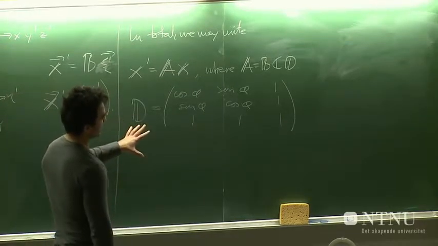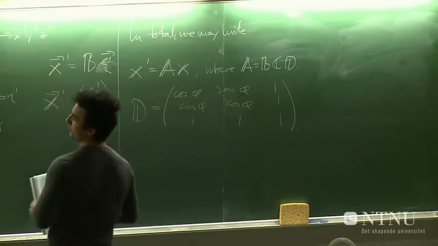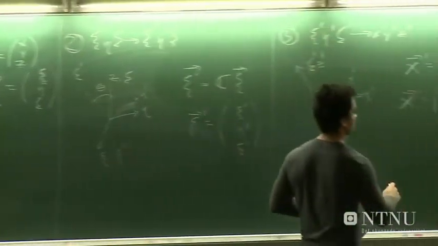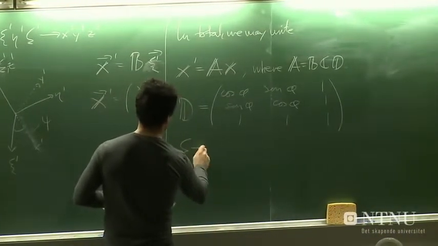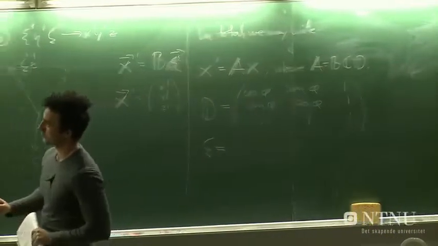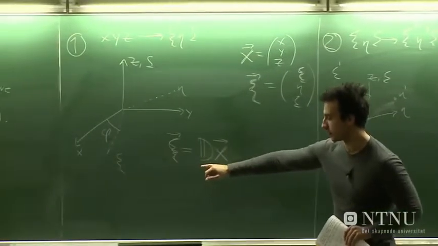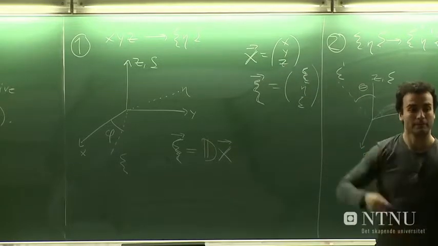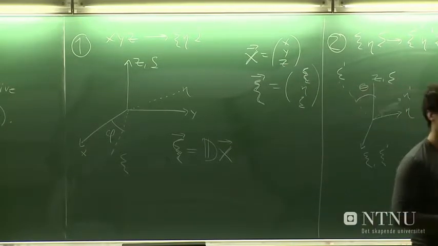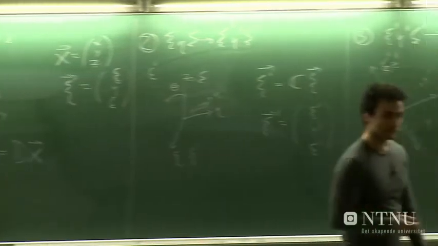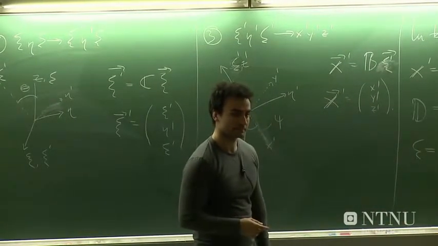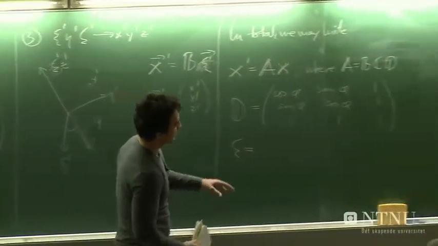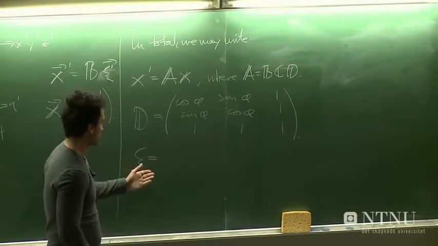So according to this, we have that zeta should be equal to the lower row of D multiplied with this vector. Yeah. There's a problem with this because the z-axis shouldn't be rotated. And the D matrix does that. That's true. We can see this from writing out this expression.